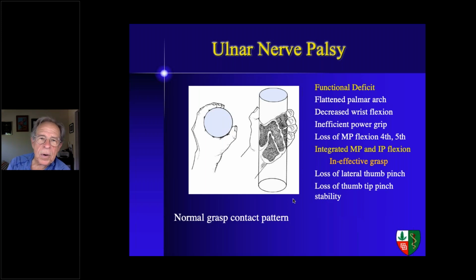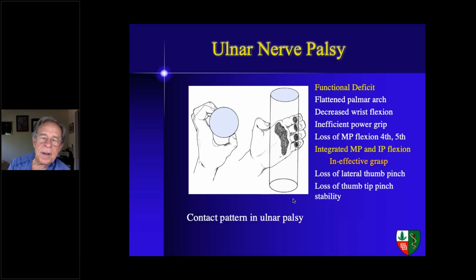So here's the normal grasp, and you can see the contact surfaces. Compare this with the contact pattern in an ulnar nerve palsy, where the finger flexors work out of concert with the MP flexors, so the interphalangeal joints come down too early and they contact the object and prevent this stable grasp, as we saw in the previous picture.